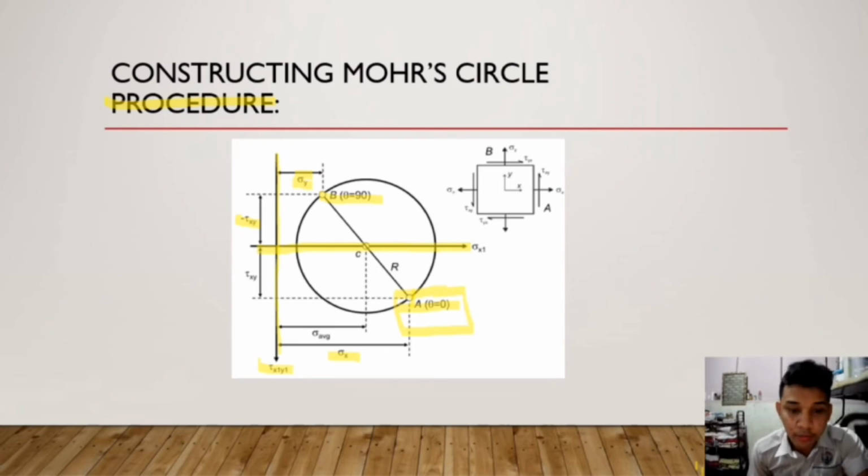Then draw a line from point A to point B, a diameter of the circle passing through point C, which is the center of the circle.